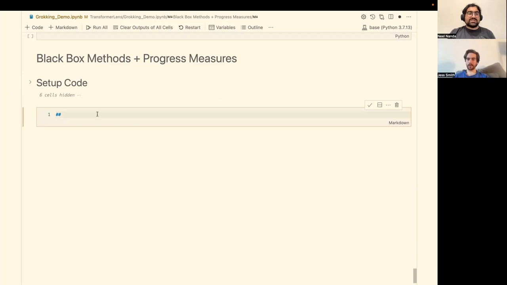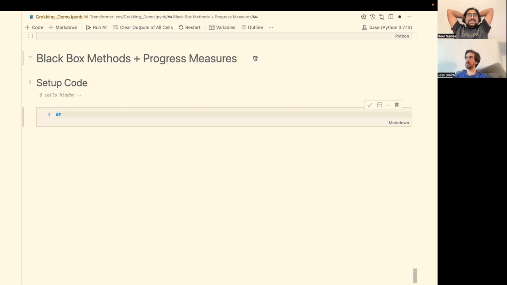The tool we're going to use here is this idea of progress measures. The idea of a progress measure is sometimes models do weird stuff suddenly. The jargon for this is emergence, where models are bad at something and then suddenly become good at it.